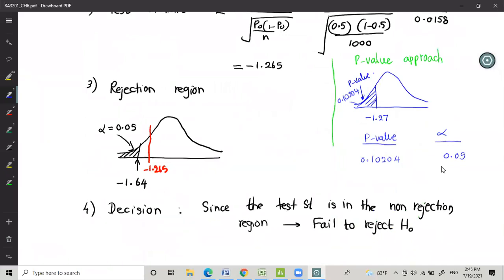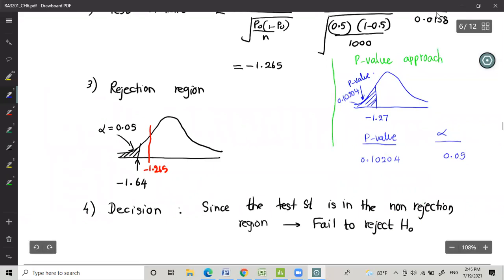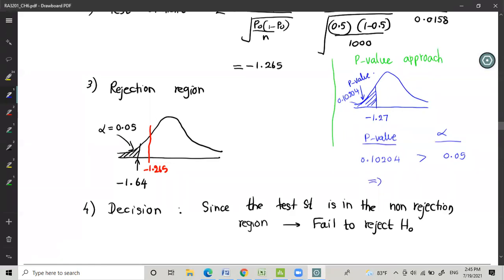P-value bigger than or smaller than alpha? If you look at this p-value, it is greater than the alpha. So what is your conclusion? If p-value is less than alpha, you reject H0, else you fail to reject H0. See, you have the same answer.